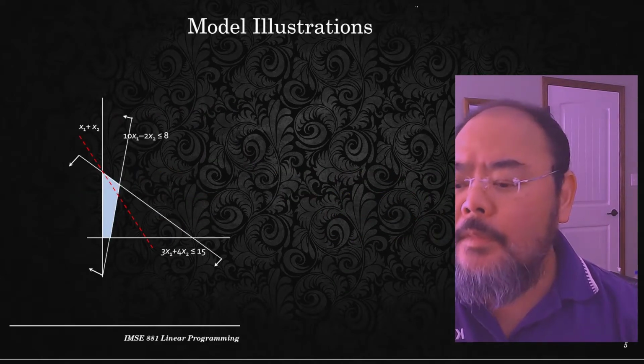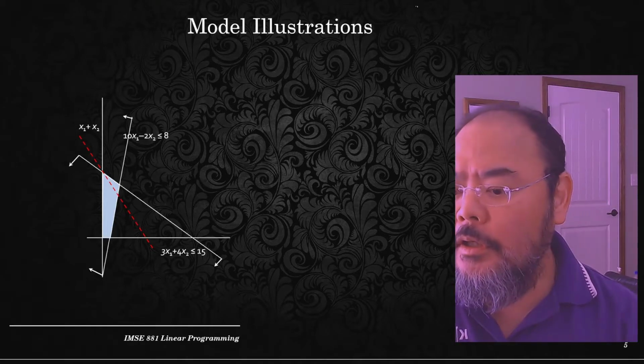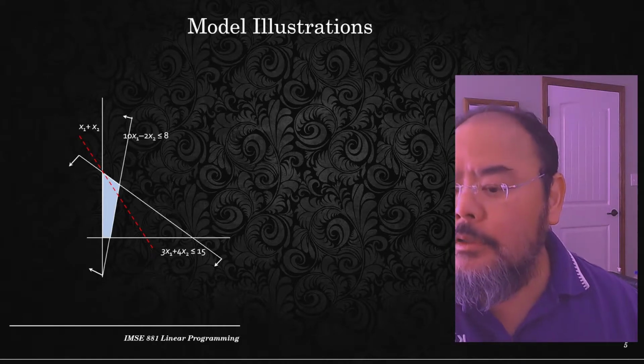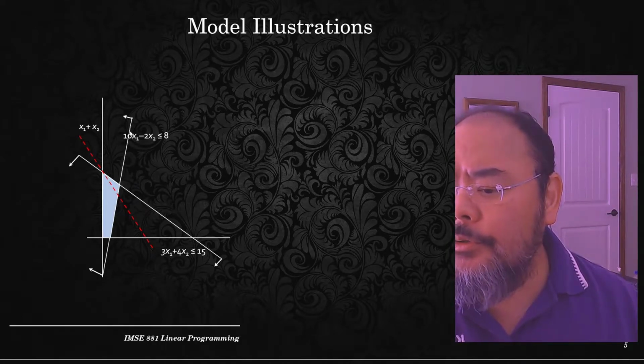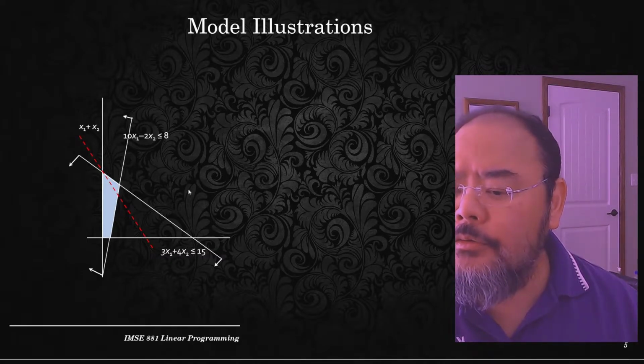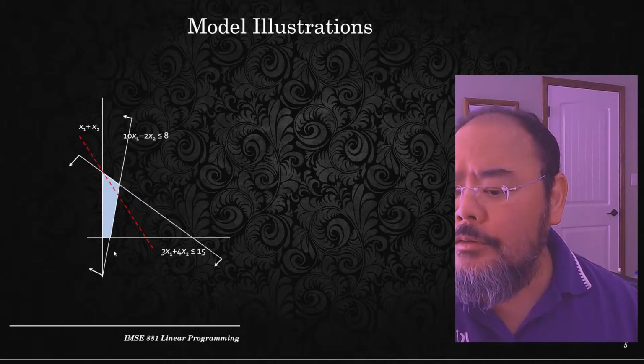Okay, this is a graphical illustration of the first problem, the maximization problem. These are the two constraints I have: 3x1 plus 4x2 less than or equal to 15, and 10x1 minus 2x2 less than or equal to 8.